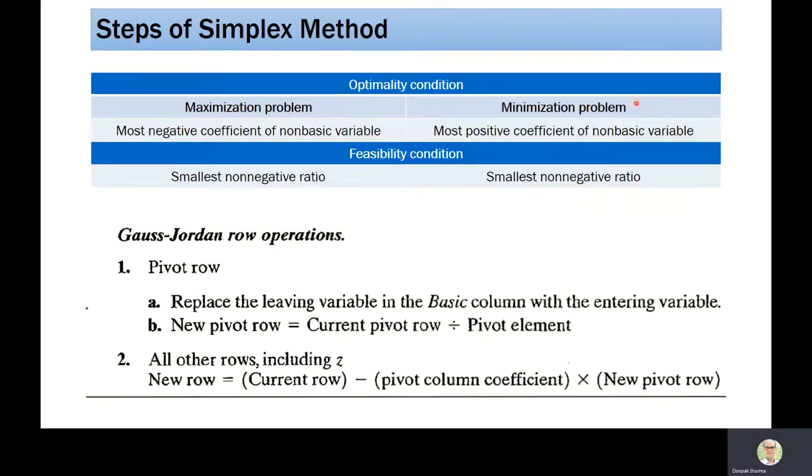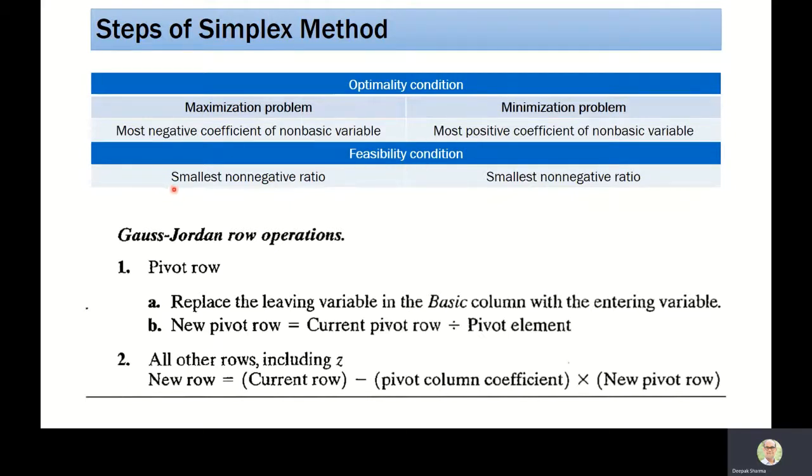But if I'm solving a minimization problem, then I will be looking for the most positive coefficient of a non-basic variable in the Z row. So please make sure what kind of problem you are solving, and accordingly your optimality condition will change.